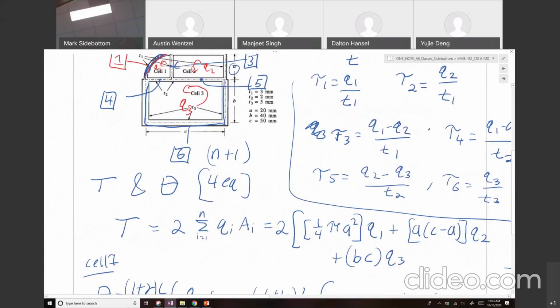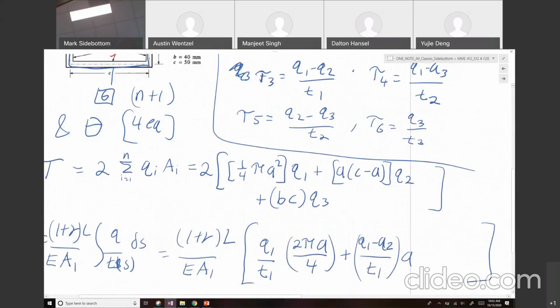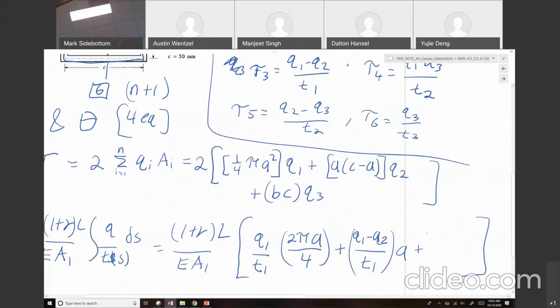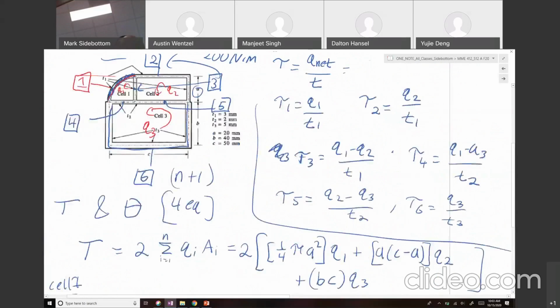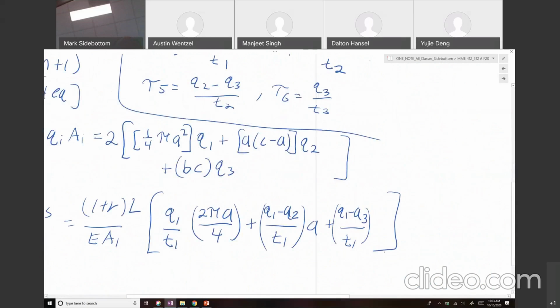Okay, and then the last part of the cell has shear flow equal to Q1 minus Q3 over T1, I think. Is it T1 or T2? It's T2, sorry, times A again.